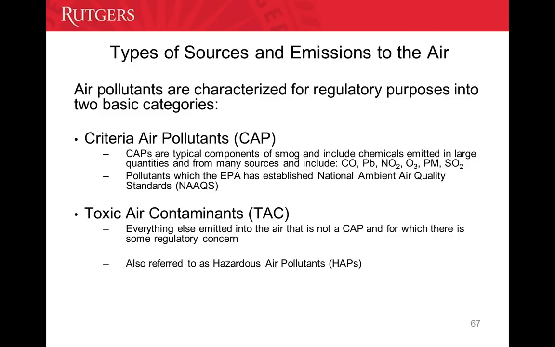For these pollutants, EPA has established a national ambient air quality standard. Now, the toxic air contaminants are sort of everything else. If it's not a CAP, it's a TAC. And for these, there is some regulatory concern, but it's regulated a little differently.